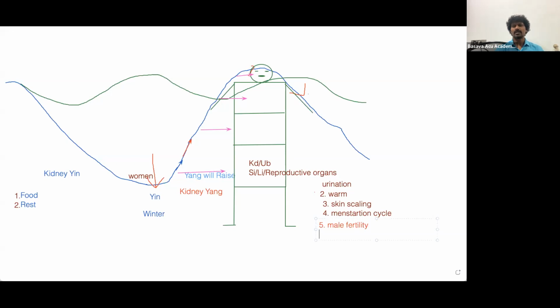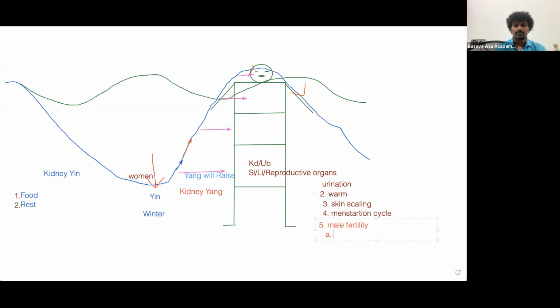In male fertility, again, it is like menstruation, it is both yin and yang. But here, the function is more than nourishment.